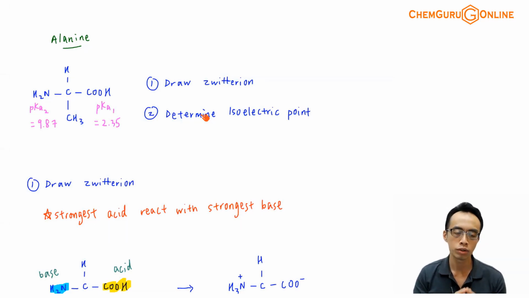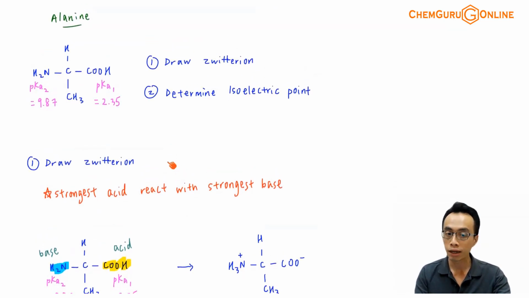One way is to consider the reaction between the strongest acid and the strongest base. Effectively, the acid will donate the proton and the base will accept the proton. Because of that, we'll have a species which is positively charged and a species that is negatively charged. Overall, this will be neutral.